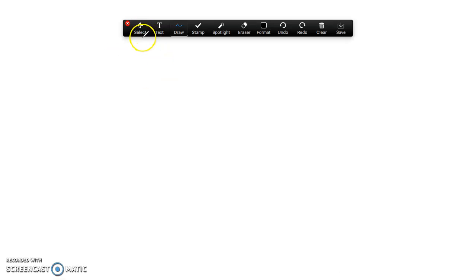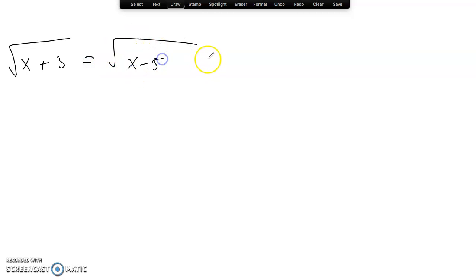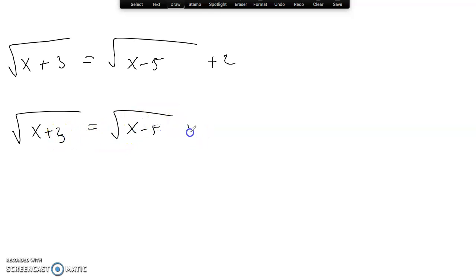All right, let's go ahead and continue. We're going to solve the square root of x plus 3 equals the square root of x minus 5 plus 2. Now, they're already isolated, so the second step would be to do the inverse operations to remove the radicals.